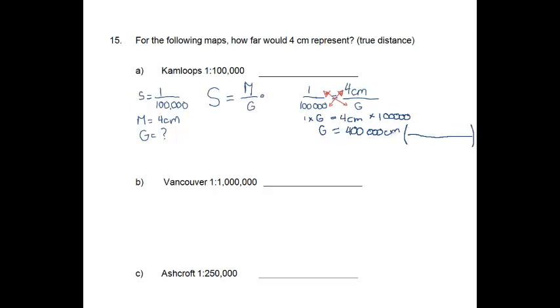I want to get rid of centimeters, so I'm going to put it divided by centimeters, and that will get rid of it. And then I want to change it to kilometers, and I know I want to turn it into kilometers because I have hundreds of thousands of centimeters, so that'll be useful. And what do I know? I know that in 1 kilometer, so I put the 1 beside the kilometers, there's 100,000 centimeters.